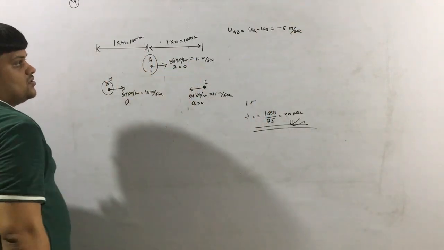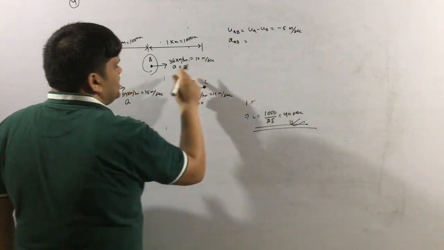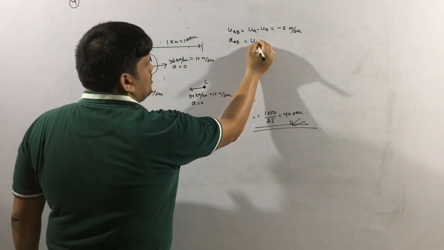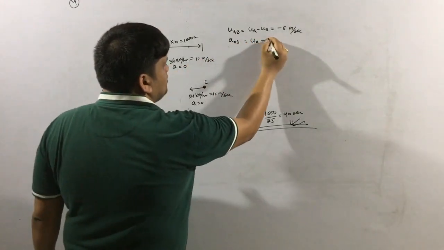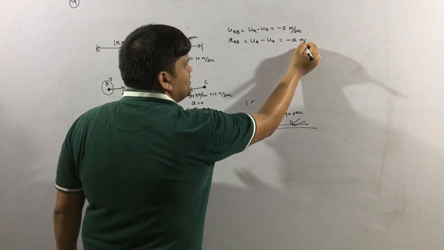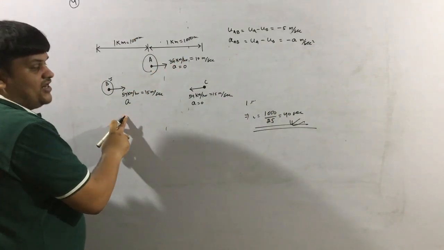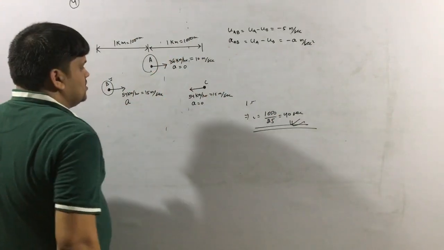Similarly, what is the value of AAB? Its acceleration minus its acceleration, that will be equal to minus A meter per second square, because A has 0 acceleration and B has A, which we have to find out. So 0 minus A, that is minus A.